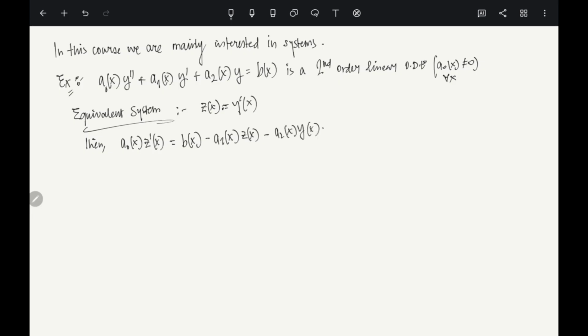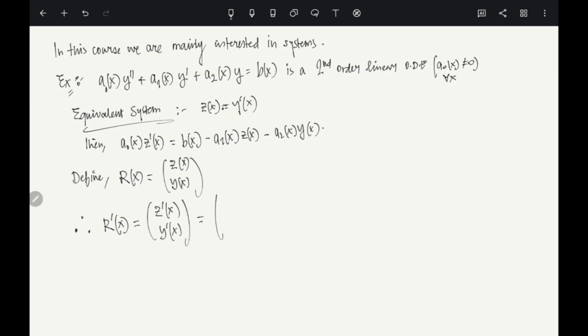If you look at it properly, you can define another variable, r of x. What is r of x? It is z of x and y of x. Therefore r prime of x will be z prime of x, y prime of x, with the derivative taken component wise.